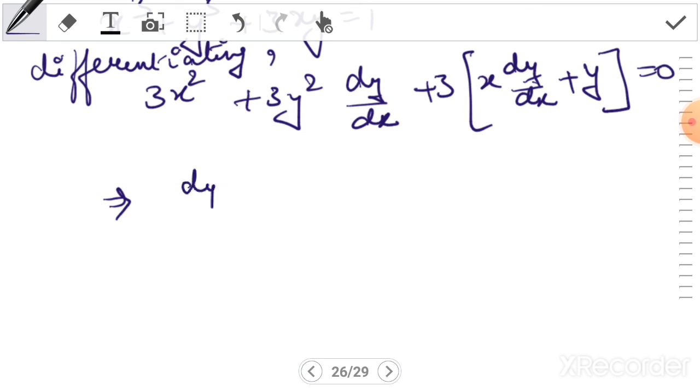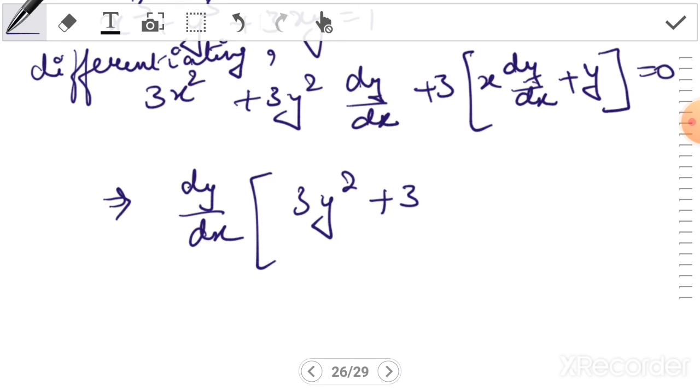Then, taking dy by dx as common, 3y square plus 3x, plus 3x square plus 3y equal to 0.